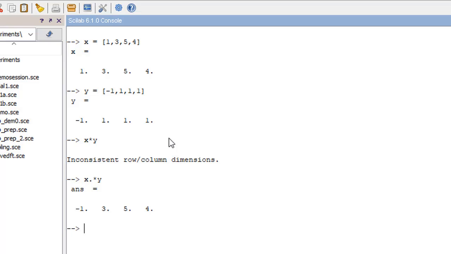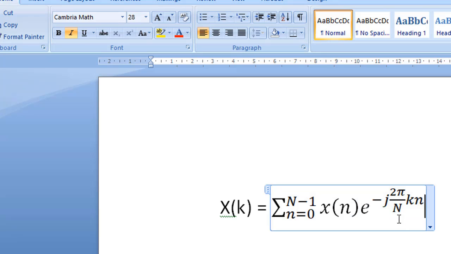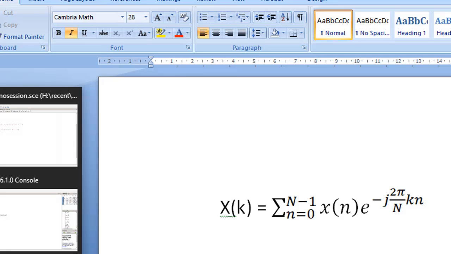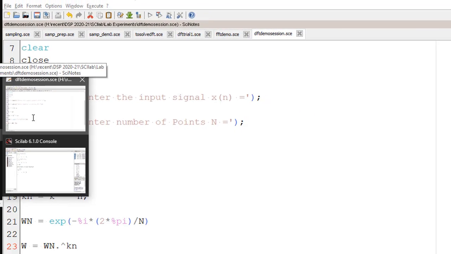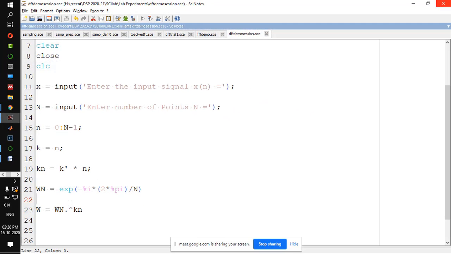Enter, and I should get the element-wise multiplied result. 1 times minus 1 gives minus 1, and 3 times 1, 5 times 1, 4 times 1 give 3, 5, 4. In our case also, since we are defining a DFT matrix here, the power we take has to be an element-wise power.